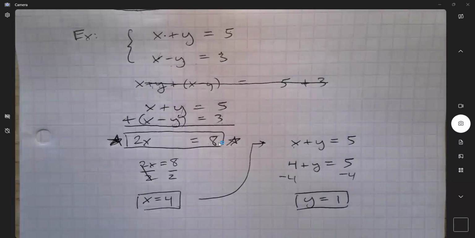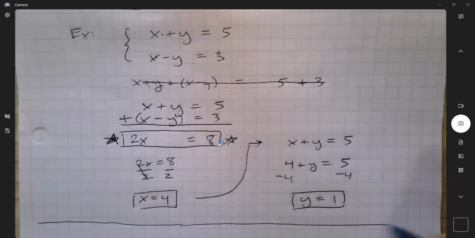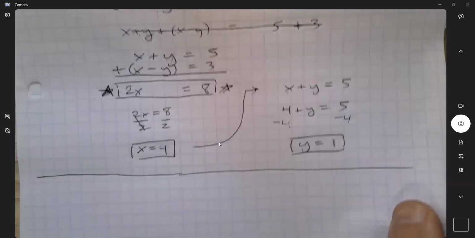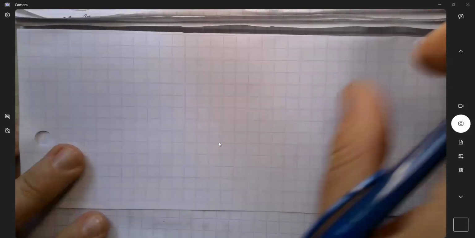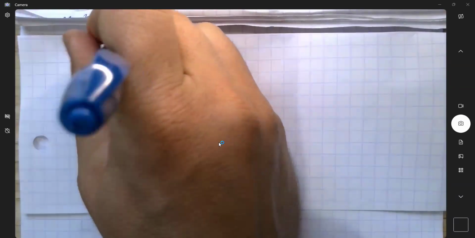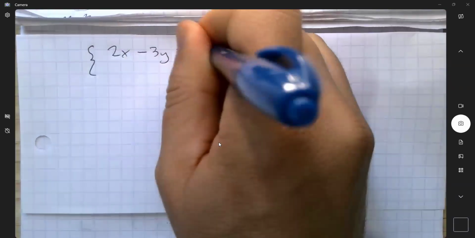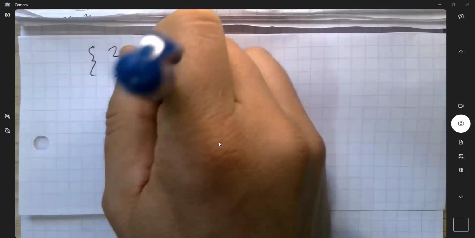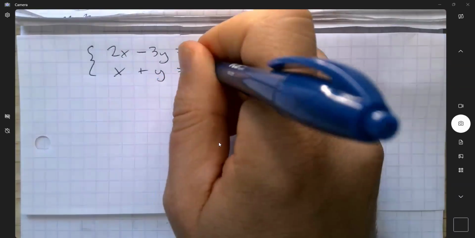I'm going to give you another example, because sometimes you have to do a little bit of work before you can add your equations together. So what if I have 2x minus 3y equals 12 and x plus y equals 4?